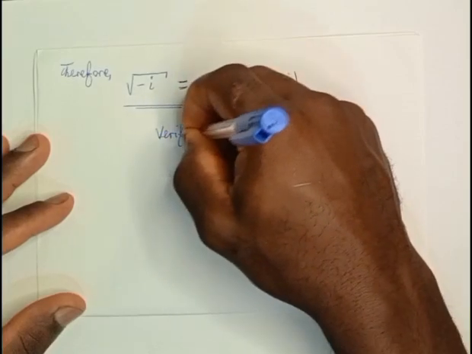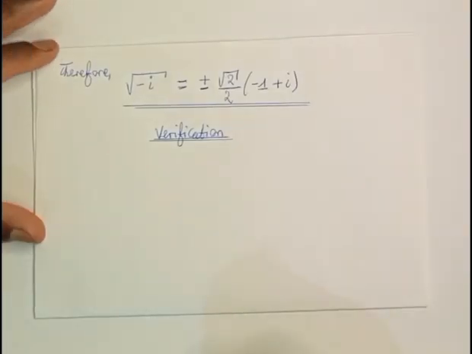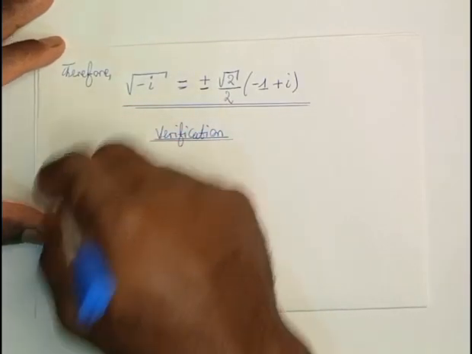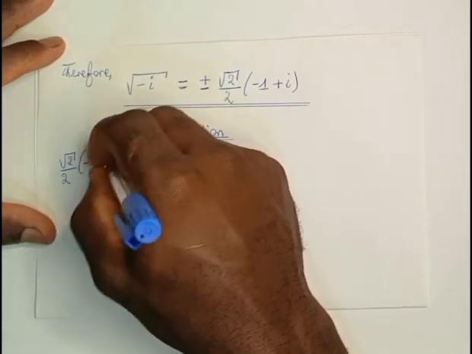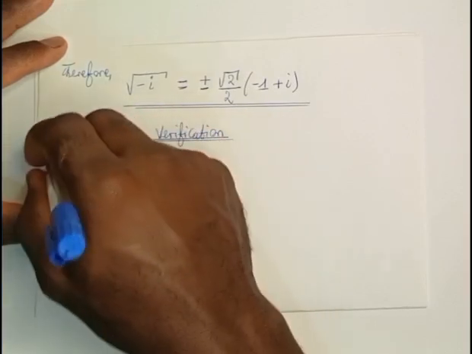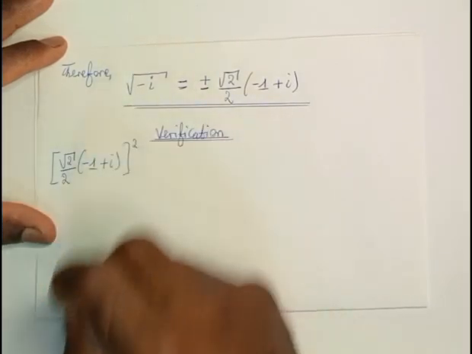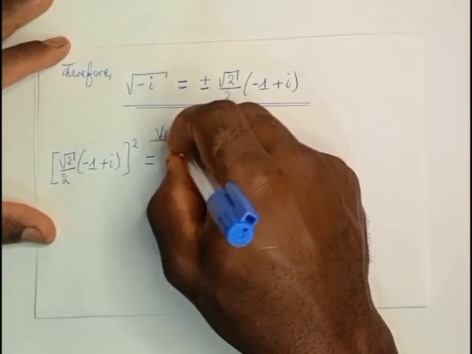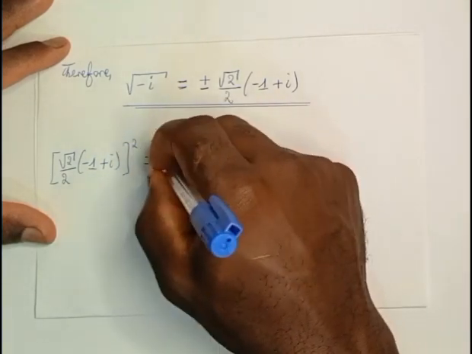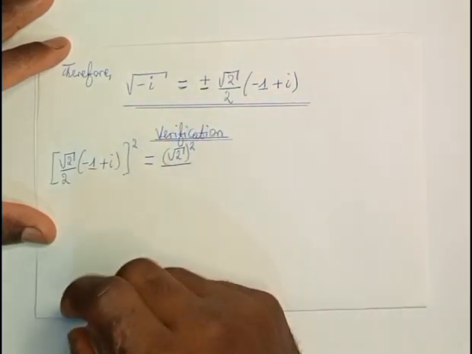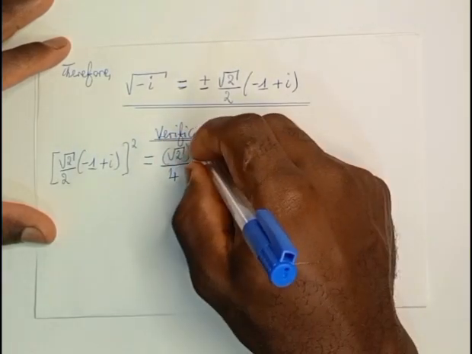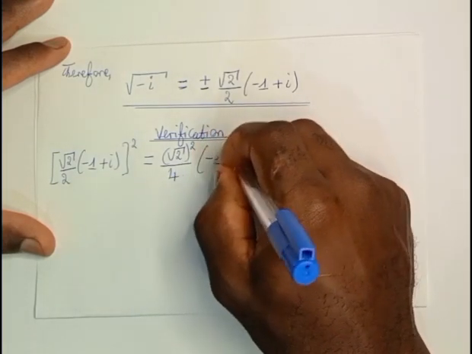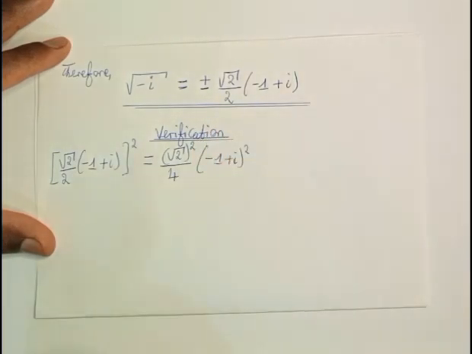Verification. If we take the positive square root, that means we take root 2 over 2 times negative 1 plus i. We square this. The result should be negative i. This will be equal to root 2 squared over 2 squared, which is 4, times negative 1 plus i, all this squared.